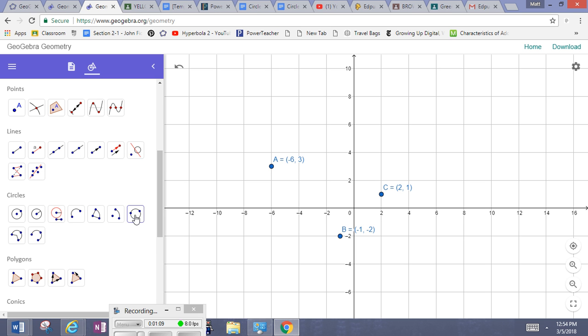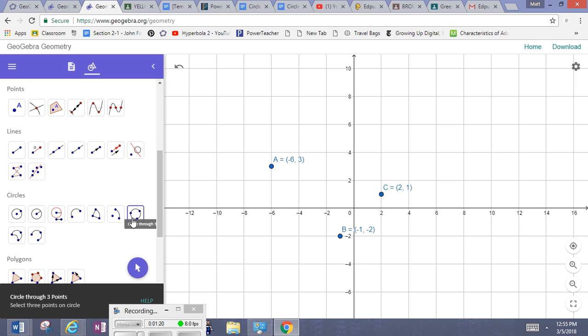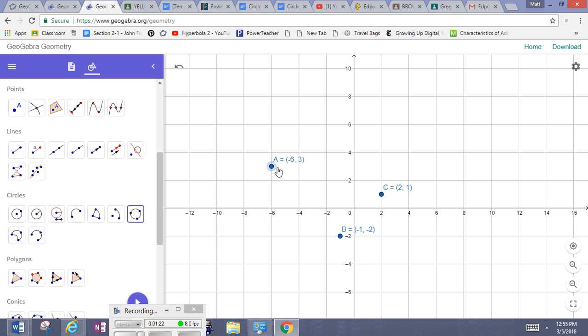Here it is, this tool, the circle through 3 points. We're going to do that because we can, but it's kind of cheating. But we'll show you. Select the 3 points, so O, D, and C. Okay, there's our circle now.